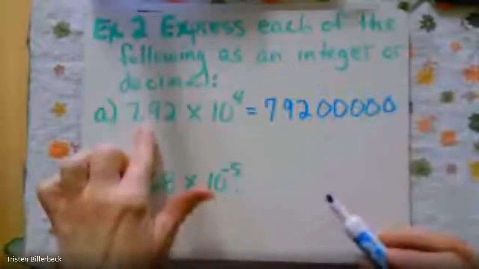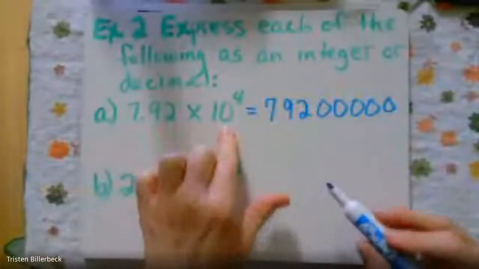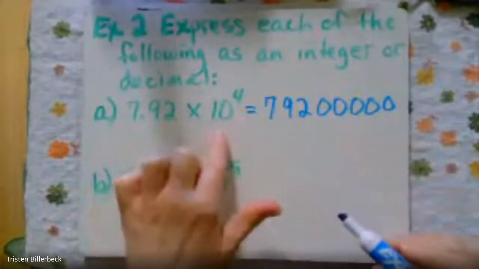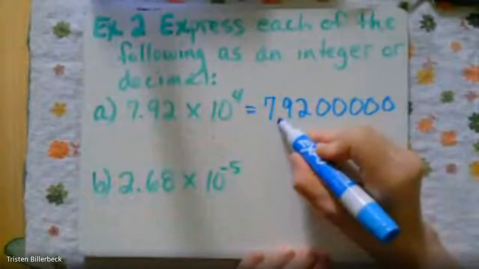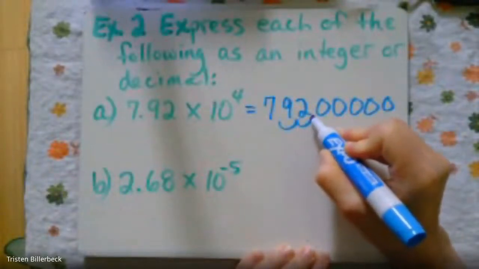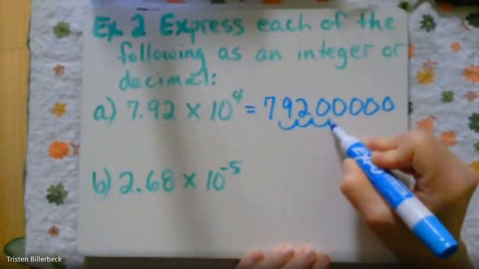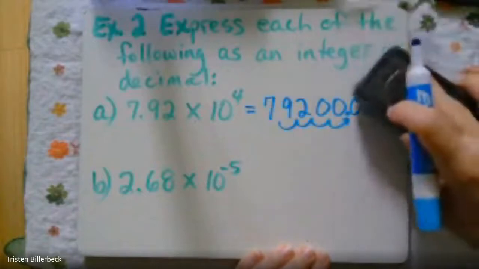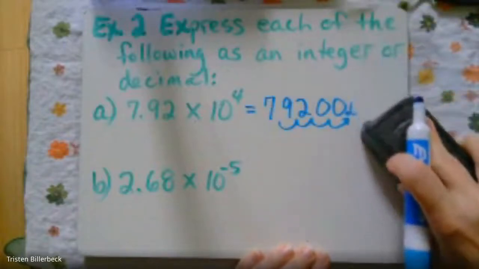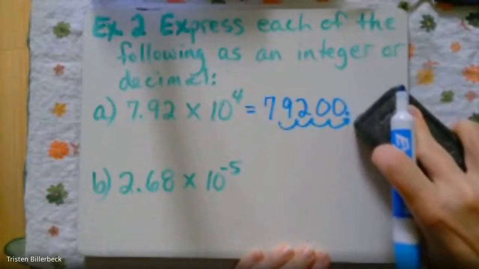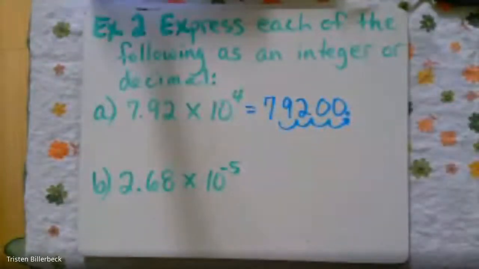Remember, we're multiplying by 10 4 different times. So we take this decimal, multiply by 10 once, twice, 3 times, 4 times. The decimal relocates here, and we really don't need to put a decimal right there, but that tells us the end of the number.